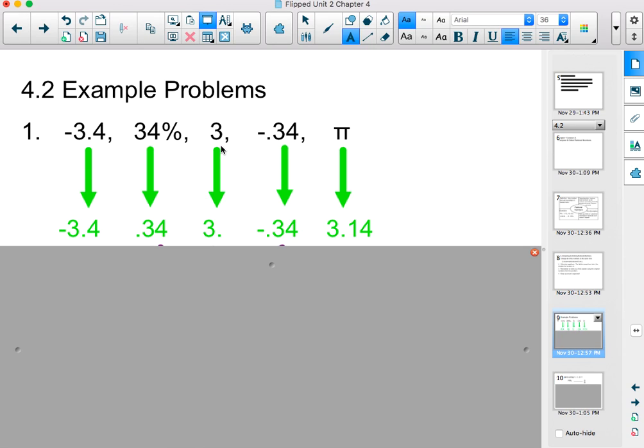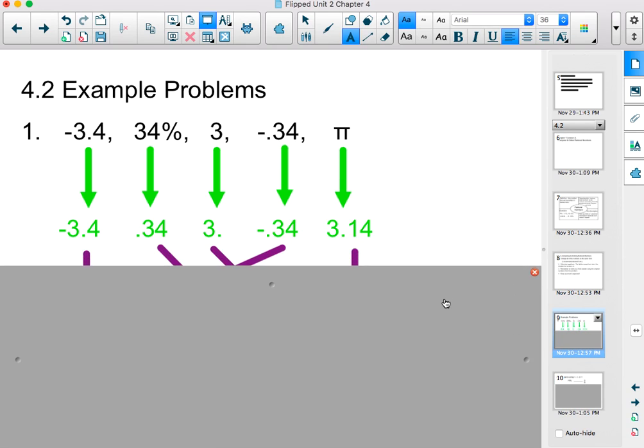It's already in decimal form, but in order to really emphasize that, I'm going to just write the decimal point after the whole number 3. -34 hundredths is already a decimal. And pi is a really long decimal. It never ends, it never repeats, but we do estimate it to be 3.14.